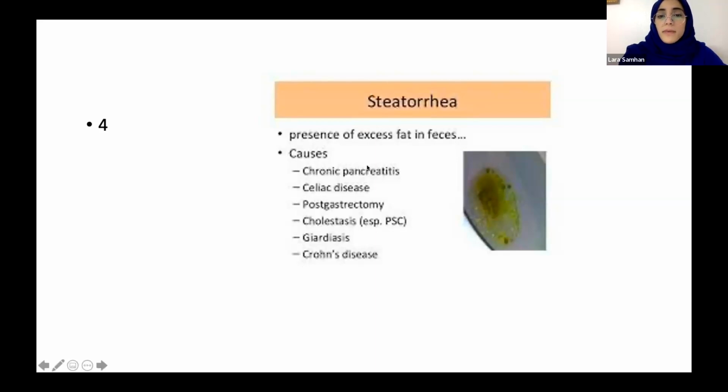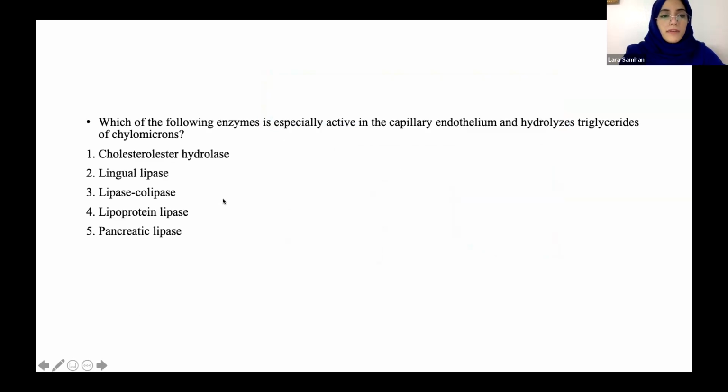It can also be chronic pancreatitis, celiac disease, and many other diseases. So this leads to fat in the stool, and this is considered abnormal. Perfect. Moving on to the next question.